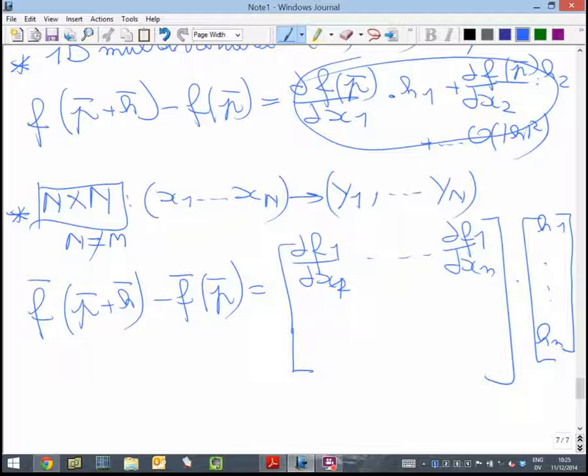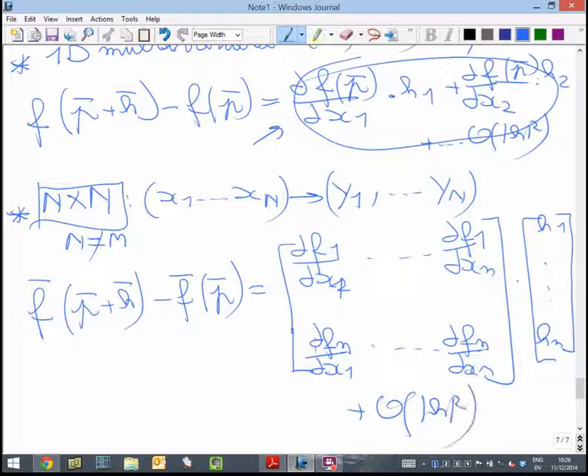So this is just writing what I had for the previous case, but now we don't have a single function f1, we have a multitude of them, in fact n of them. So finally we build a matrix that looks like this. Okay. And again, we make a mistake on the order of h squared.